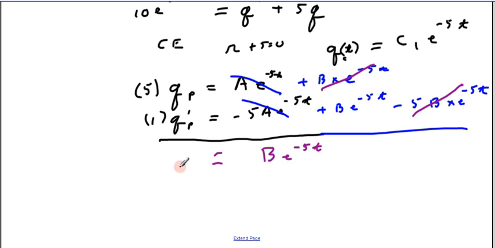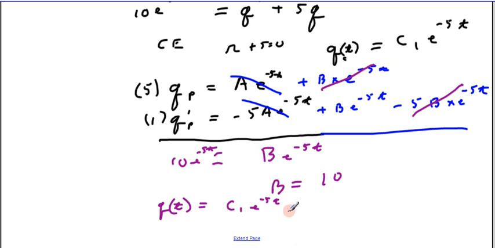I'm supposed to get 10 e to the minus 5t, so b is 10. So now my q of t becomes c1 e to the minus 5t plus 10t e to the minus 5t.